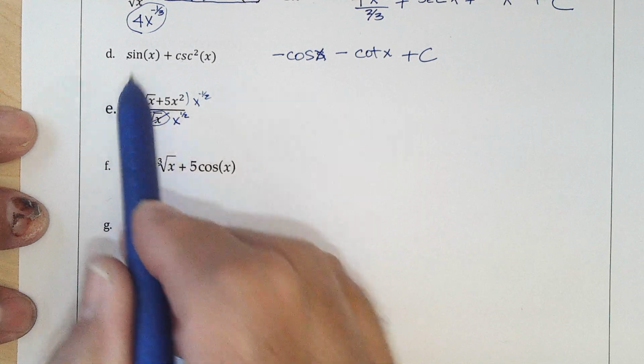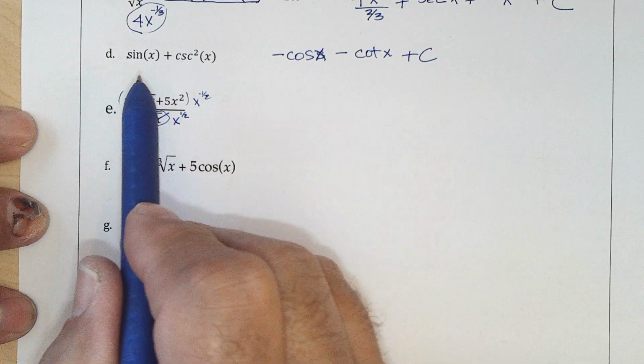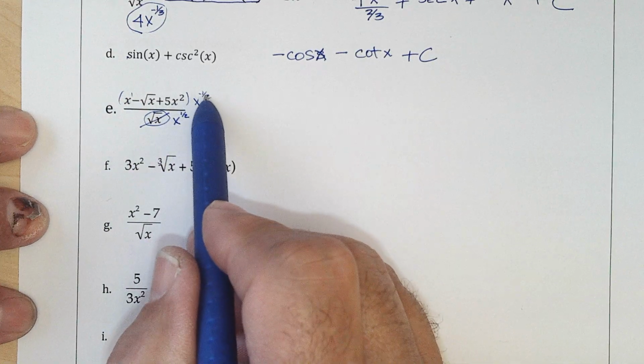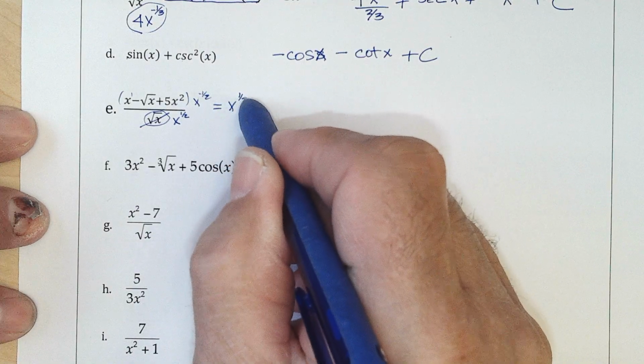This is x to the 1. Subtracting a half from 1 is a half, or 1 plus a negative half is x to the 1/2.